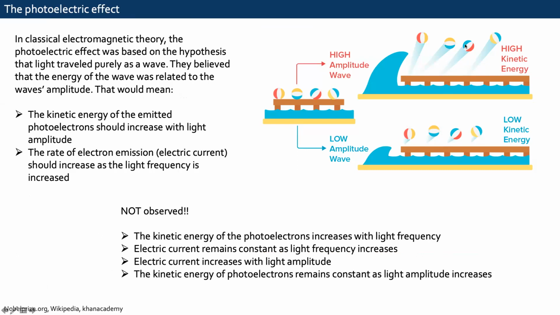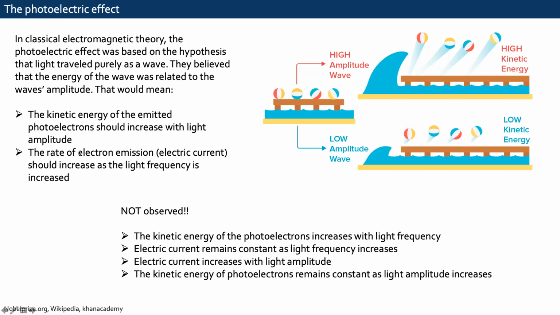So in this case, the beach balls represent the electrons. In the classic theory, if you had a high amplitude wave, then you would eject your electrons with high kinetic energy. And if you had a low amplitude wave, you'd eject them with low kinetic energy.